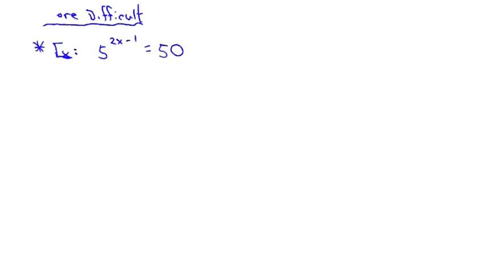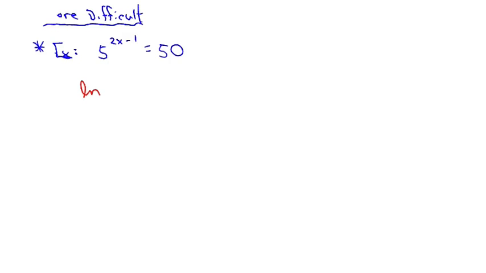So the trick I'm going to use is I'm going to log both sides. I choose ln. Why? What's the difference between ln and log? What's the base of ln? E. What's the base of log? 10. Why do I choose ln? Seriously, it's an easy answer. 2 letters.